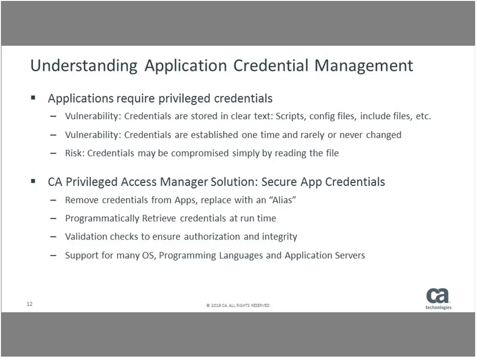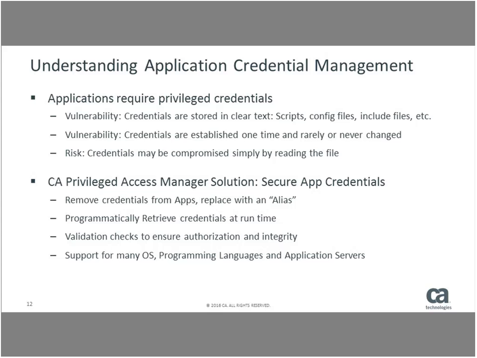When you've done that, and there's also some stub code that goes along with that, when you implement that, the application will programmatically retrieve the credentials at the time the application or script is invoked. So there'd be a variable, for example, instead of the hard-coded password, and through a call to CA Privileged Access Manager, you'll dynamically get that credential at runtime programmatically.